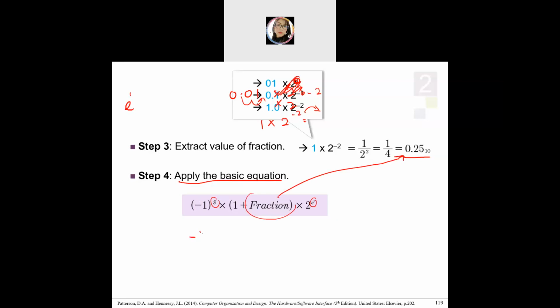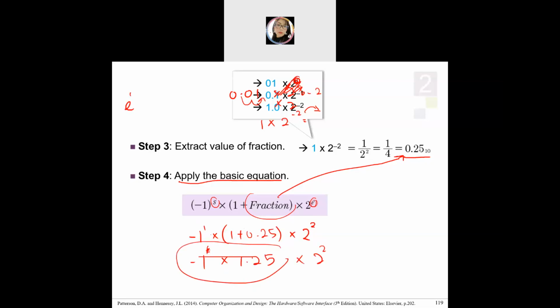Our sign is negative, so negative 1, times 1 plus 0.25, times 2 to the power of 2. So we have negative 1 times 1.25 times 2 to the power of 2. You can solve this, and you will get negative 1.25 times 2 to the power of 2.